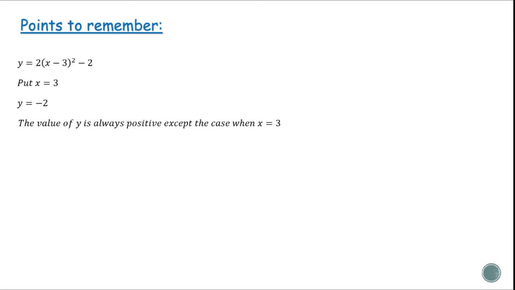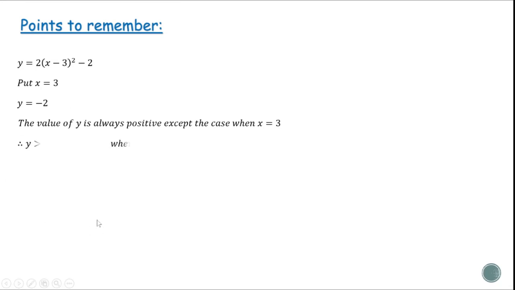Let's say if you take x equal to 1, then also y is going to be a positive value. If you take x as a negative number, because this x is inside a square, the number is always going to be a bigger number, and y will get a positive value.